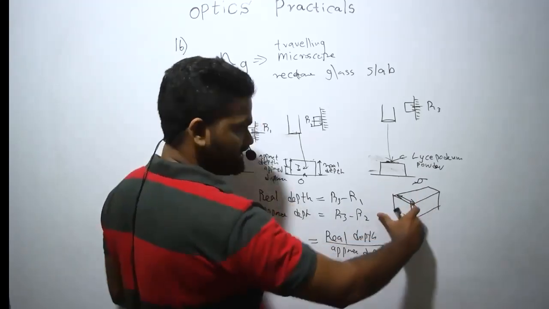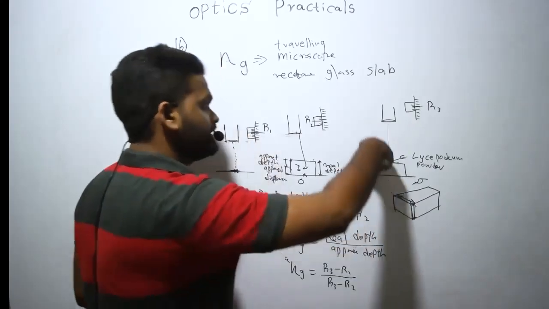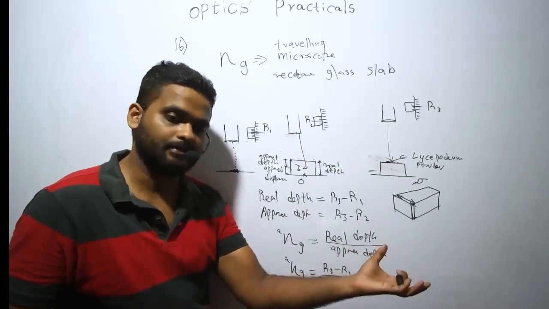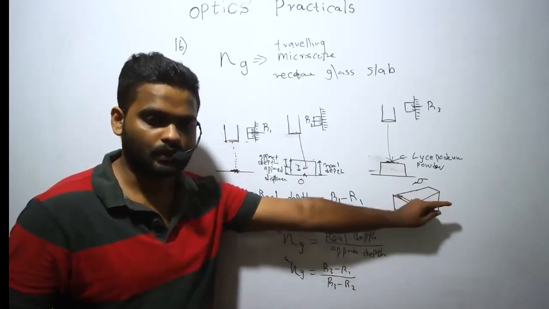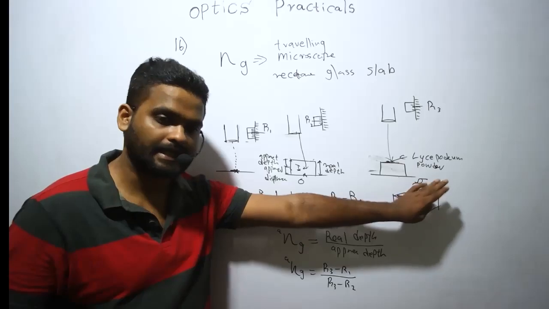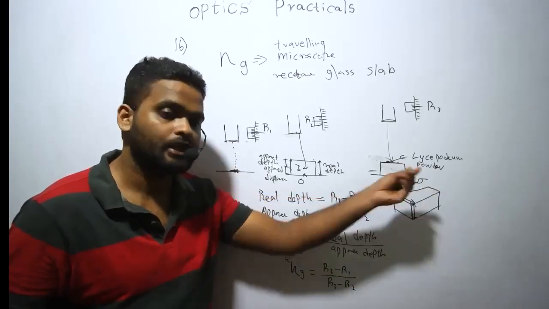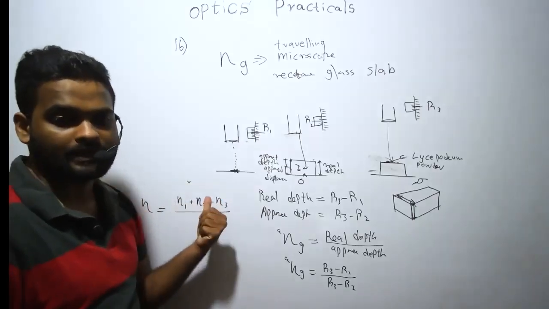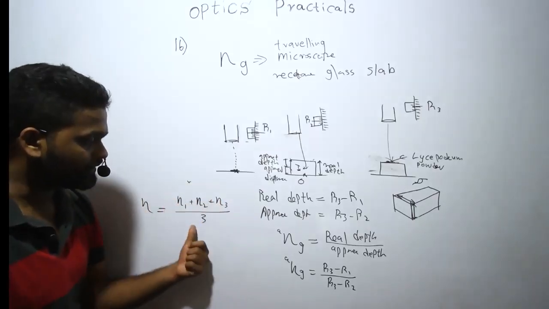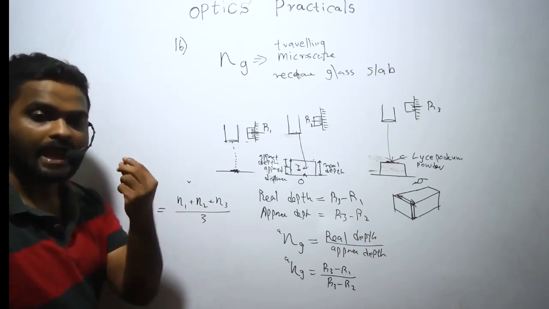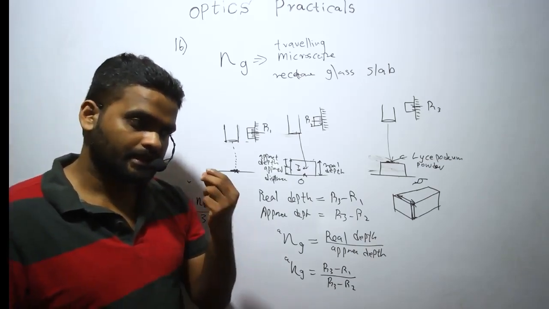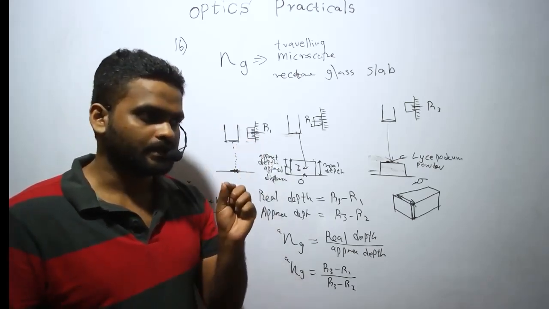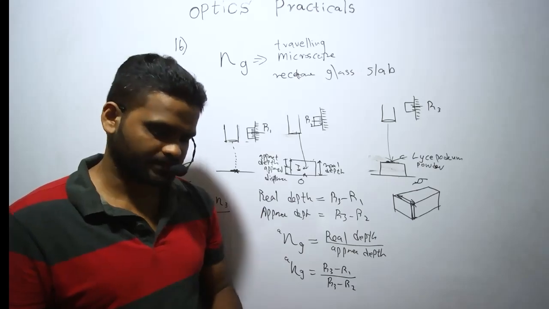Then you flip it again and repeat the same steps. There are 3 different sides in a glass slab, so along those 3 sides you can do the experiment 3 times and find a value for the refractive index. Then you divide the 3 values by 3 to find the average refractive index. That would decrease the random error somewhat, right?